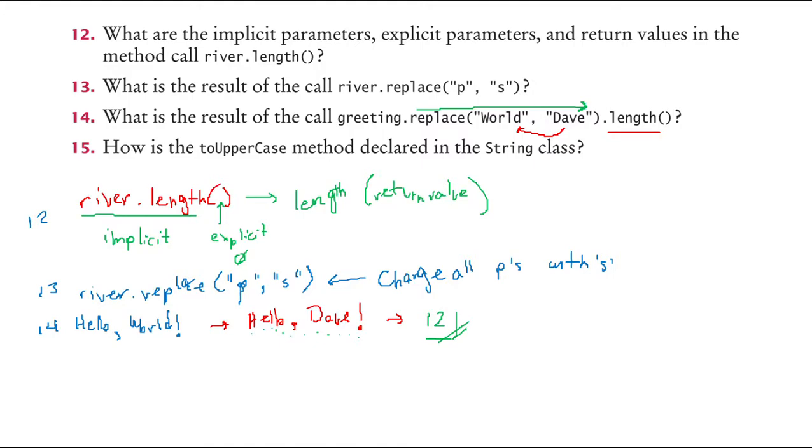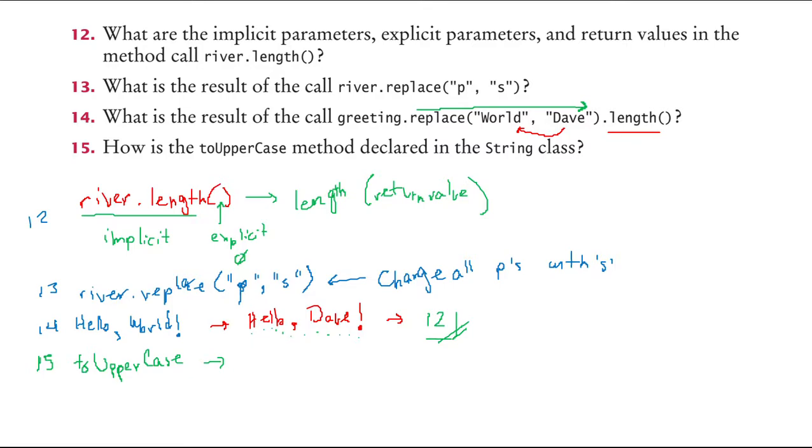Finally, how is the uppercase method declared in the string class? If you remember, whenever we applied this to uppercase, we had the same word where everything was done with capital letters.